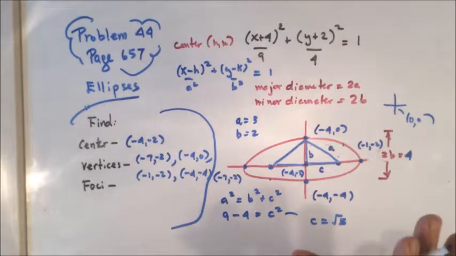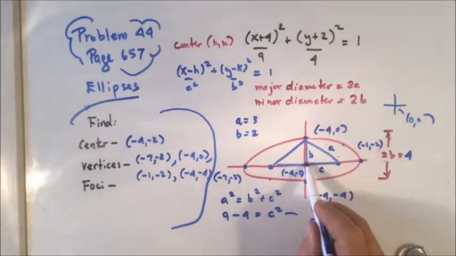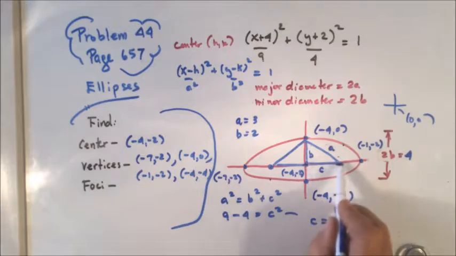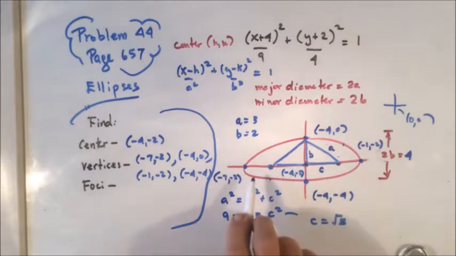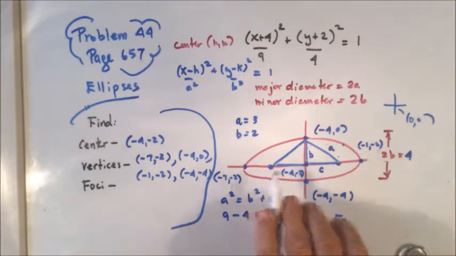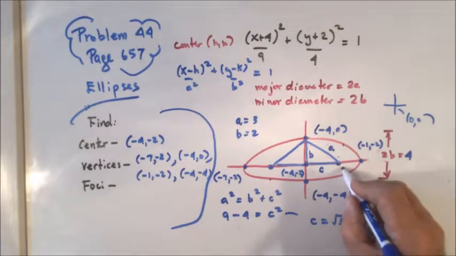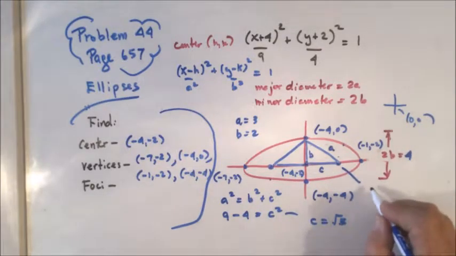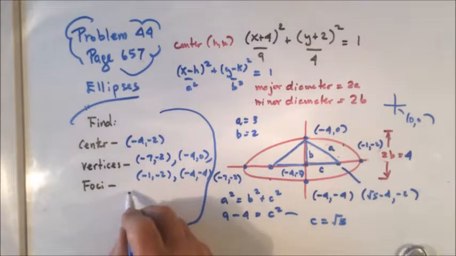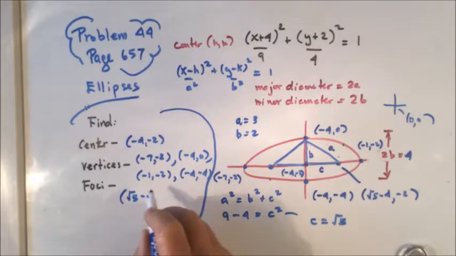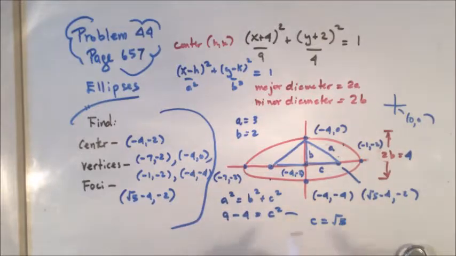I can find the focal points now, because this focal point is root 5 removed from the center. It has exactly the same y coordinate, but the minus 4 is moved over by root 5, so that point is root 5 minus 4 for the x coordinate, and minus 2 for the y coordinate. Root 5 minus 4, minus 2.